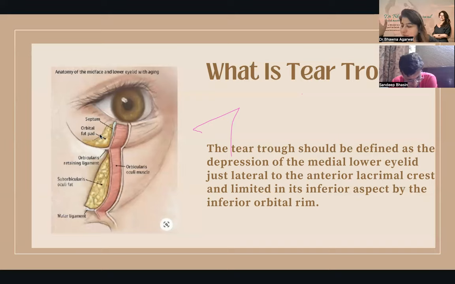So if filler gets behind the orbital septum, then it is there to stay for years to come. So the idea is to prevent, and design an injection technique which will help you stay out of this area. So do the markings first. First thing you mark is the ORL, and you can stay beneath it.